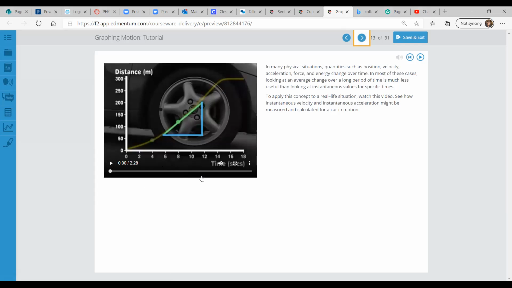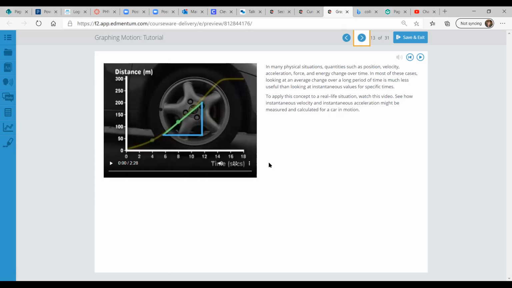Here's a video. In many physical situations, quantities such as position, velocity, acceleration, force, and energy change over time.